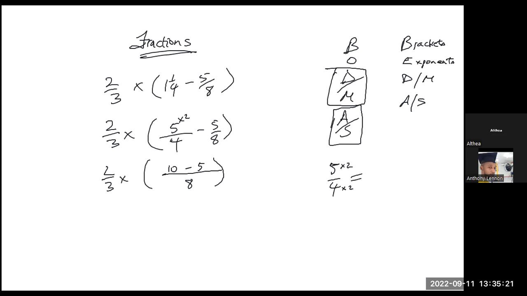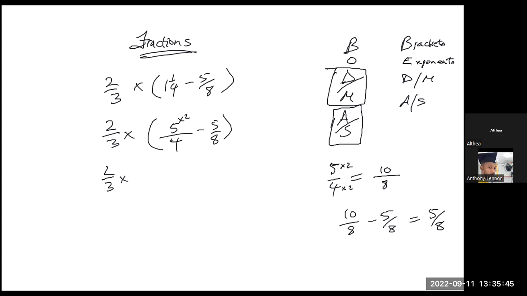So you have 10 over 8. Now 10/8 minus 5/8 gives how many 8s? If you take 5/8 from 10/8, you have 5/8 remaining. So you got that, right?